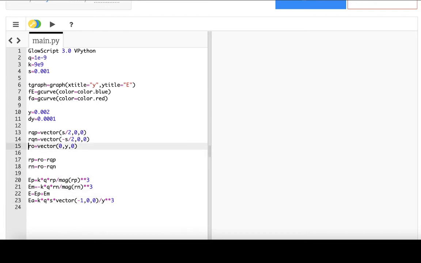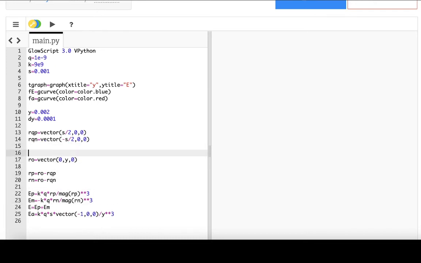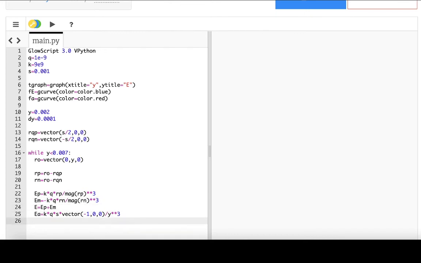So let's go over here and say while y is less than 0.007, I'm going to calculate RO. I need to recalculate this because I'm going to be changing y. And then I need to recalculate EP, recalculate E minus, recalculate the total and the approximation, and then plot them.